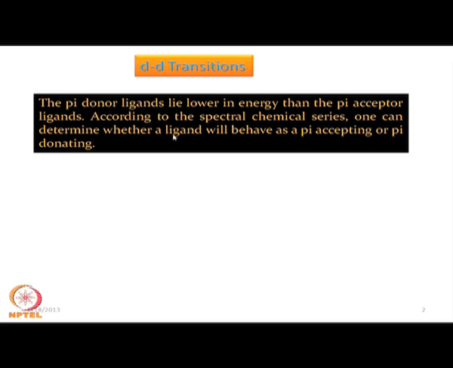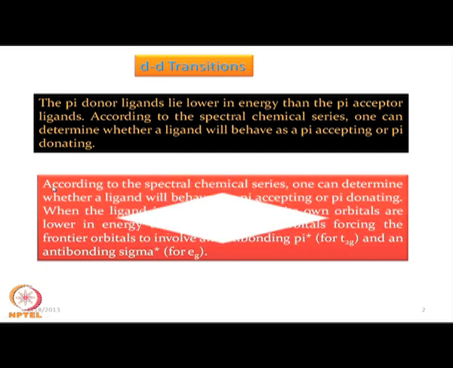But there are some others where the pi donor ligands are available and the pi acceptor ligands are also available for donation as well as acceptance of the electronic charge density from the metal ion. So, according to the spectrochemical series, one can determine whether the ligand will behave as pi accepting or pi donating. So, depending upon the mechanism of electronic charge transition, we can have some ligands as pi acceptor ligands and some as pi donor ligands.